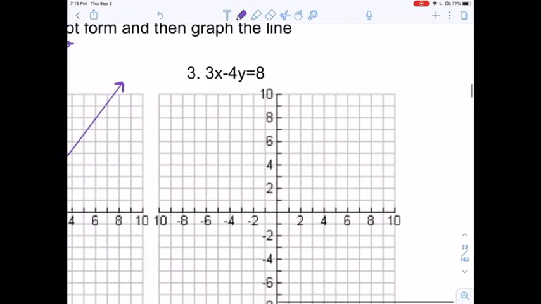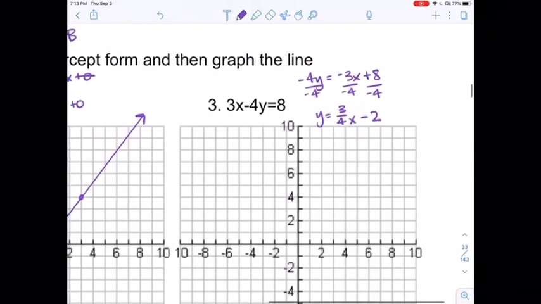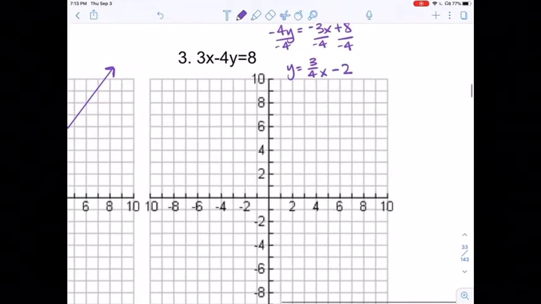All right, negative 4y is equal to negative 3x plus 8. Divide everything by a negative 4. So we have y is equal to 3 over 4x minus 2. I'm going to go down to 2 on the y-axis, and my slope is up 3 over 4.